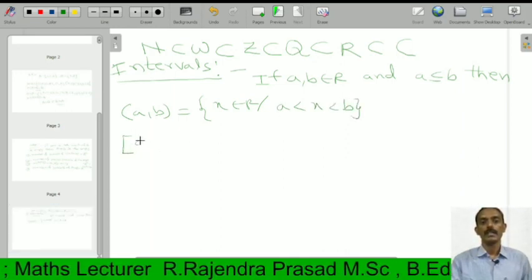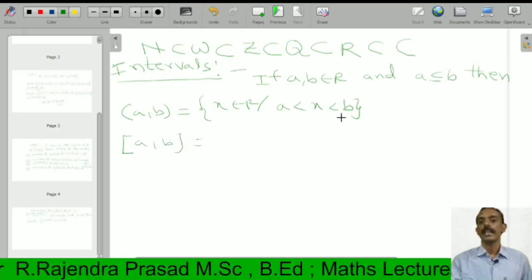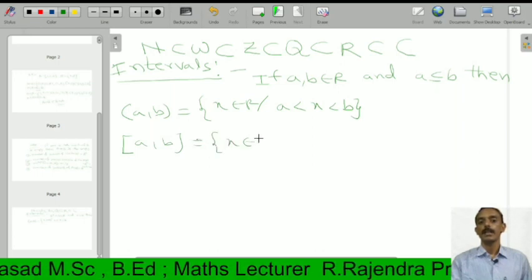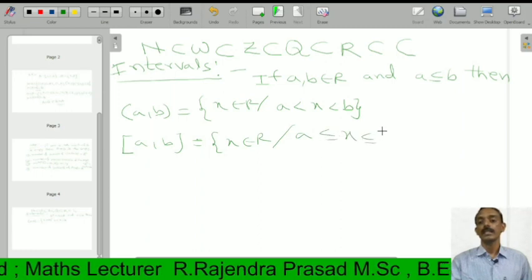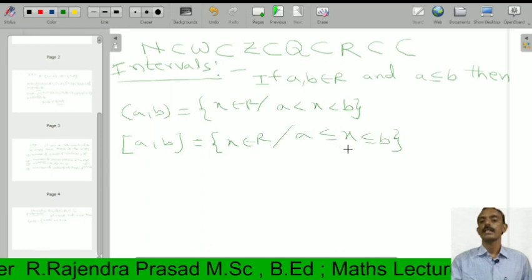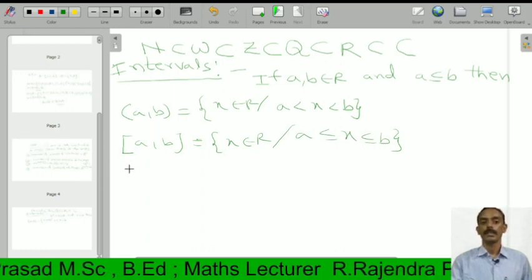Closed interval [a, b] equals the set of x belongs to R such that a is less than or equal to x is less than or equal to b. Here x equals a, or x equals b, or x lies between a and b.